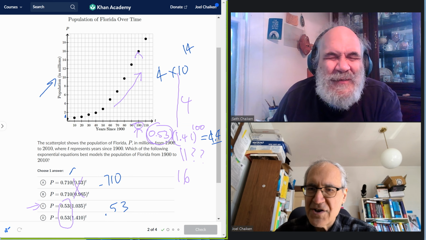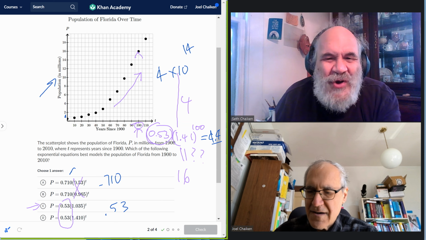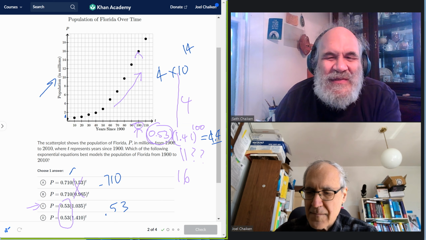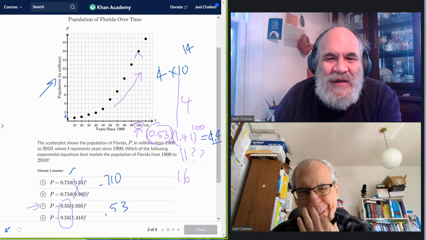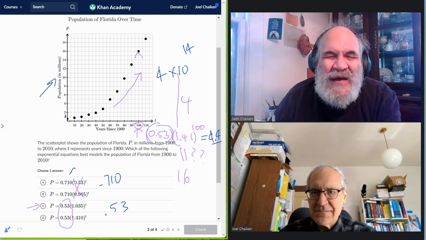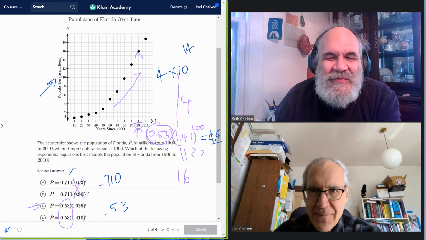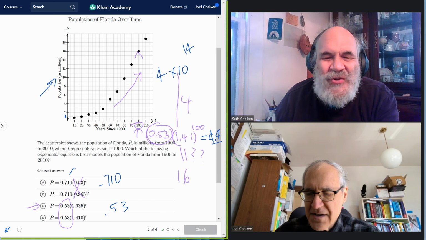So if the base was 1.41, we get 10 to the 14th, which is way out of it, ridiculous for a human population.